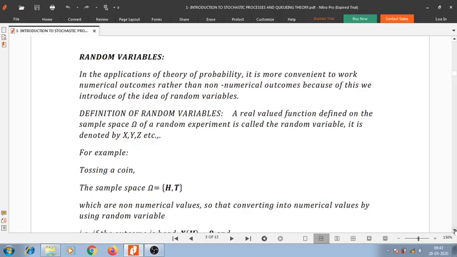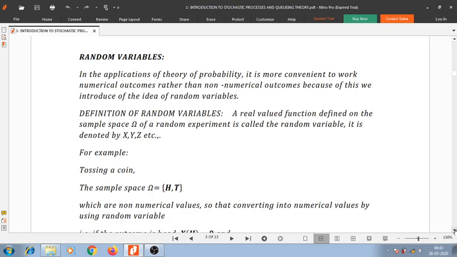It has three conditions: it is repeated under identical conditions, all possible outcomes are known in advance, and any performance of the experiment results in an outcome that is not known in advance. From this random experiment we get the sample space, generally denoted by capital S or omega. The sample space is the set of all possible outcomes of a random experiment.